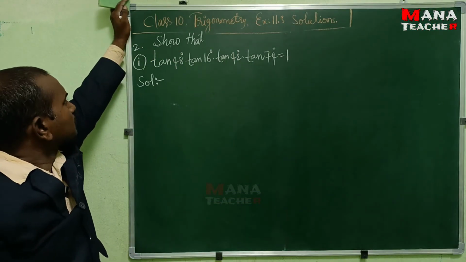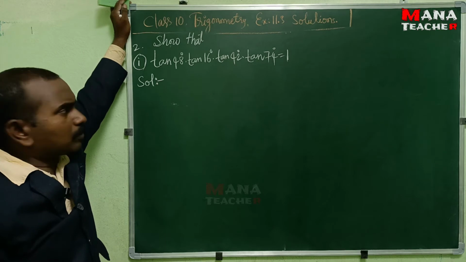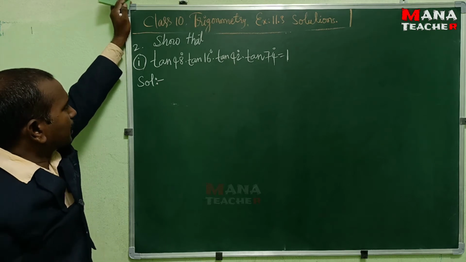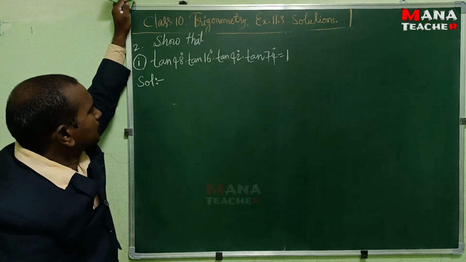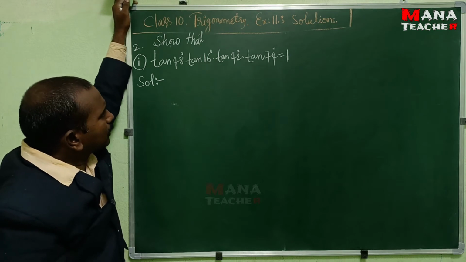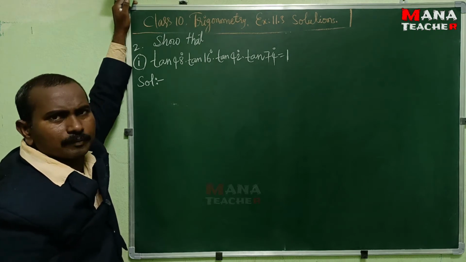Now second bit, first problem: show that tan 48, tan 16, tan 42 and tan 74 equals 1.